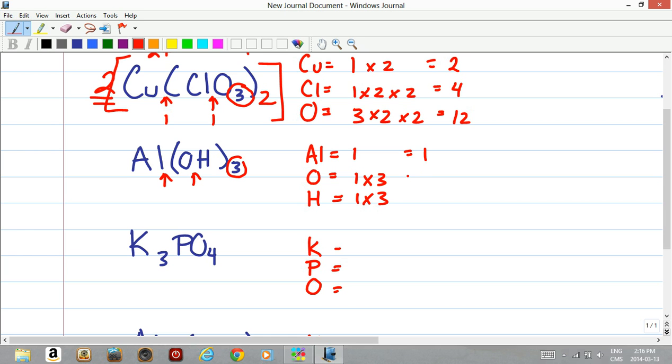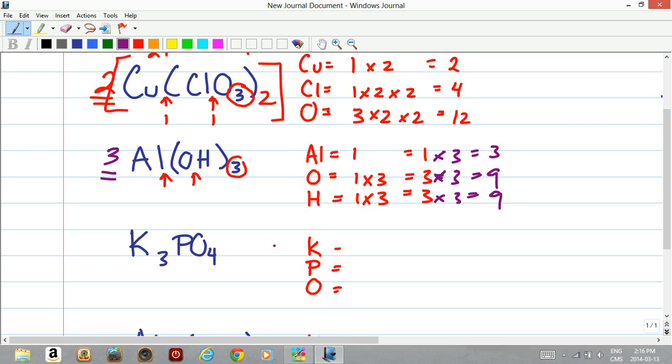That means we have 1 aluminum, 3 oxygen, and 3 hydrogen atoms. If there was a coefficient in front, let's imagine a coefficient of 3, then we'd have to multiply everything by 3. That would now be 3 aluminum, 9 oxygen, and 9 hydrogen.